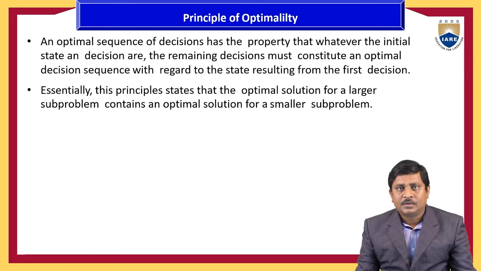Next, the principle of optimality. An optimal sequence of decisions has the property that whatever the initial state and decision are, the remaining decisions must constitute an optimal decision sequence with regard to the state resulting from the first decision.